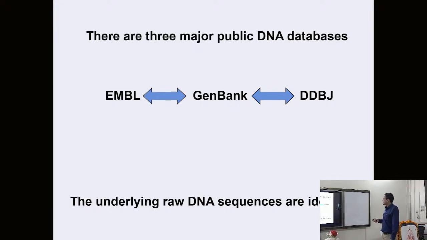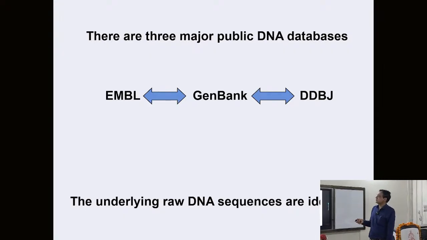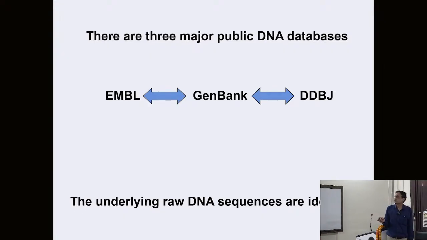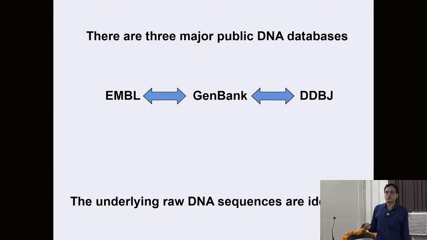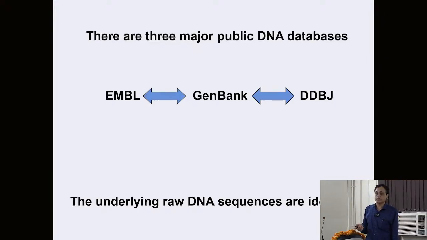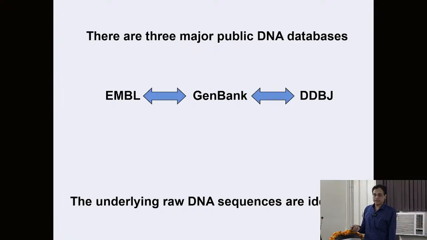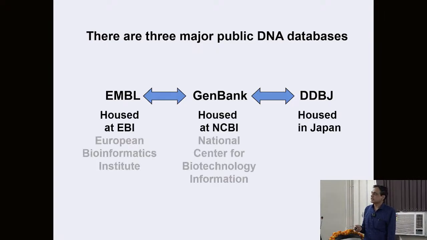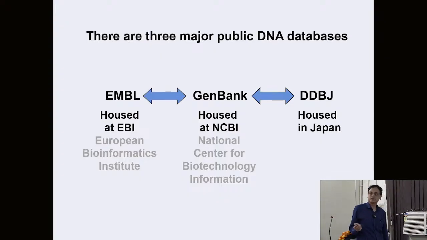So there are three major public databases: EMBL, European Molecular Biology Laboratory, GenBank, and DDBJ, DNA Data Bank of Japan. EMBL is housed at EBI, European Bioinformatics Institute. GenBank is housed at NCBI, National Center for Biotechnology Information at Bethesda, Maryland.